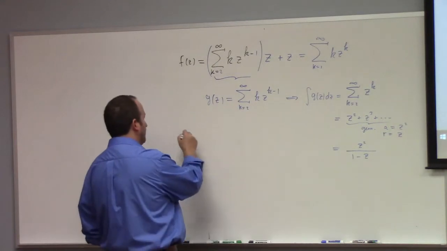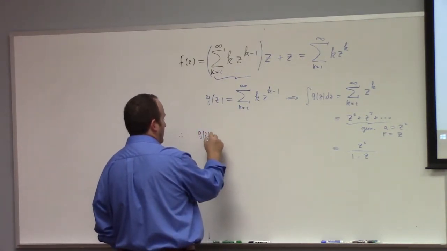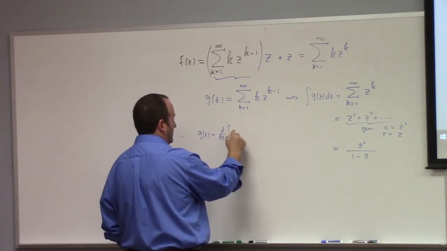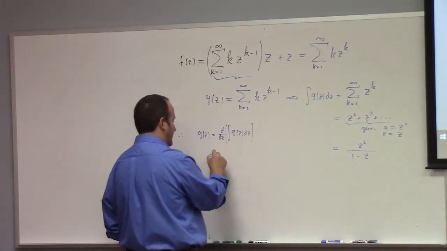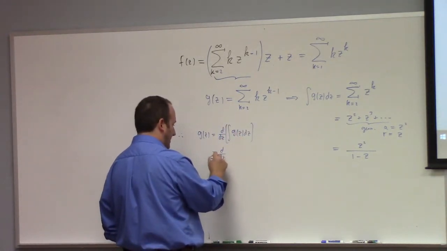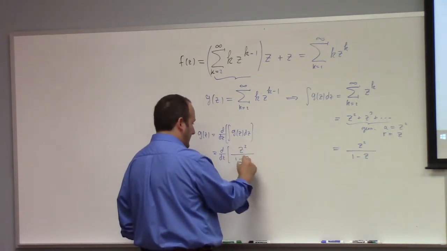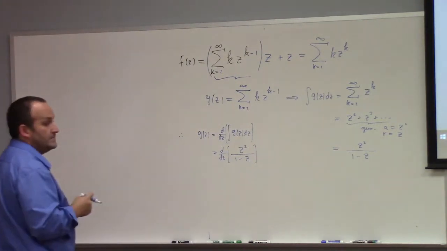So therefore, g of z is the derivative of the integral of g of z dz, which is the derivative of z squared over 1 minus z.